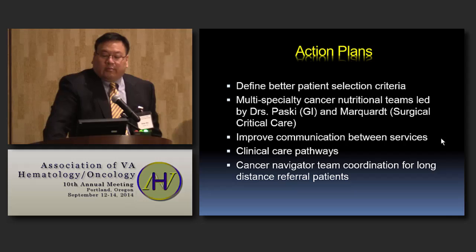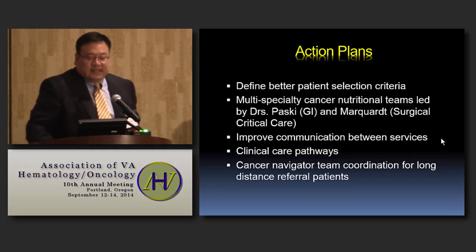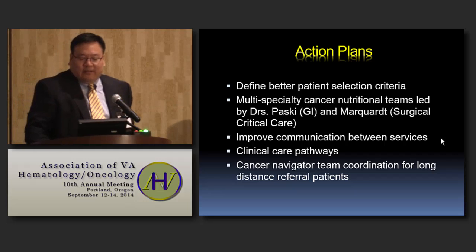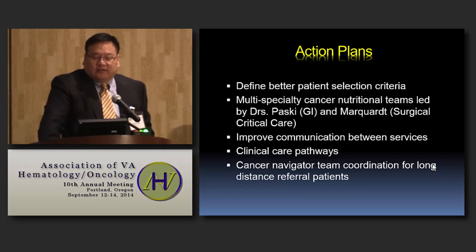We continue to work and improve communication between specialty services, develop clinical care pathways, and our vision has taken the really kind of novel approach of funding cancer navigator teams, which have been placed at all referral sites and tertiary sites to help manage the challenges of long-distance travel patients.